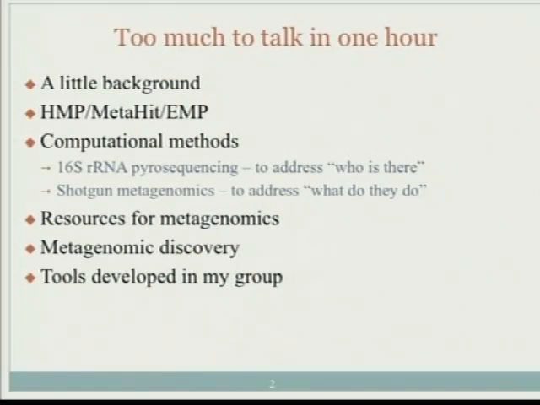And from there, you want to guess what might be the functions that those microbial organisms encode. So there are two questions: who are they? And the second question is, what do they do? If you just care about who they are, then you can just look at 16S RNA genes.